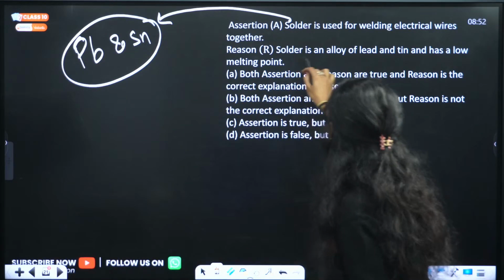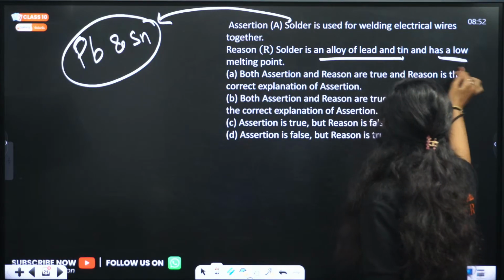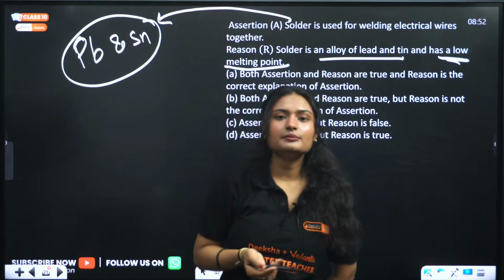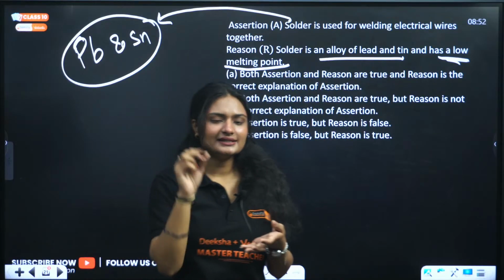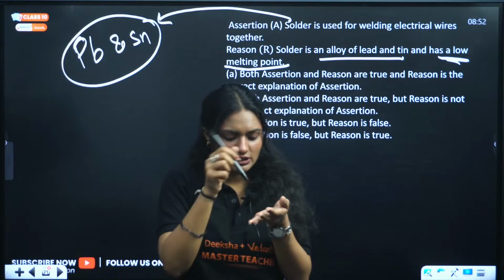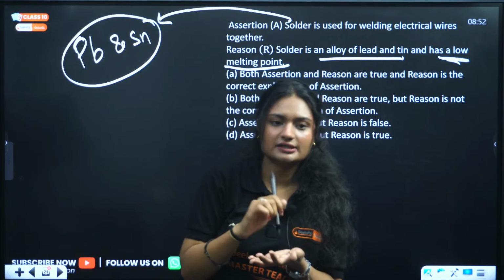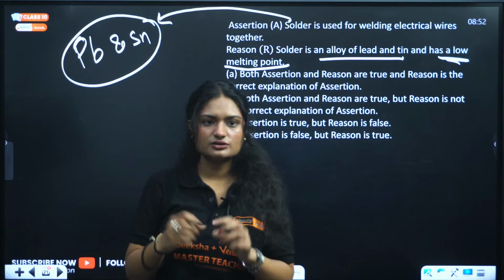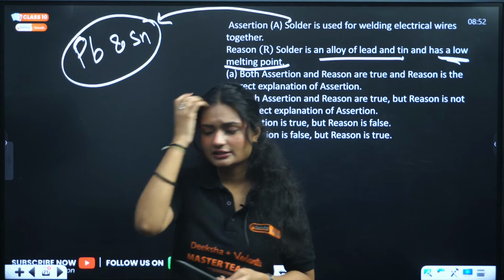Only because of this reason it is used for welding, because you can melt it with a little heat, and you can use it to join the electrical circuit, for welding electrical wires together.